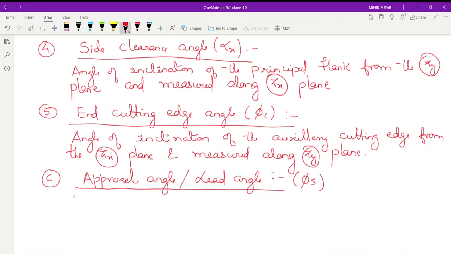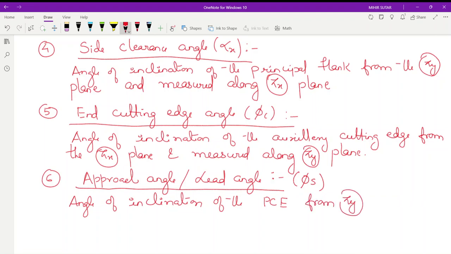It is the angle of inclination of the principal cutting edge from the pi y plane and measured along pi r plane.